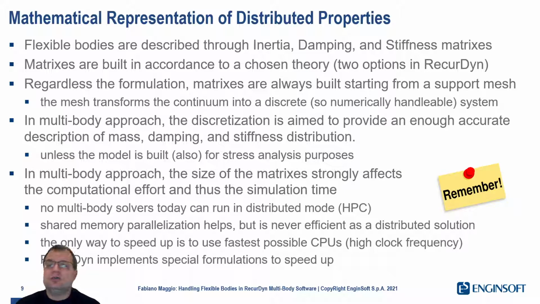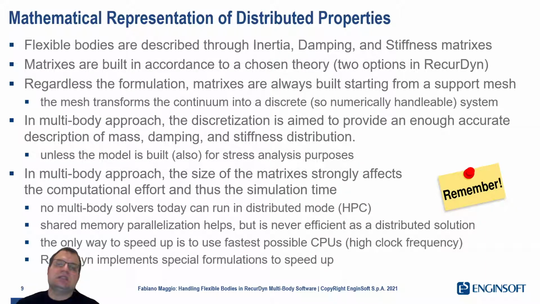In order to build a matrix describing the inertia, the damping, and the stiffness that is distributed in a flexible body, we need to mesh the body. We start from a continuous system, it was rigid. We need to convert it into a discrete system of nodes and elements, like in the finite element approach, no difference.